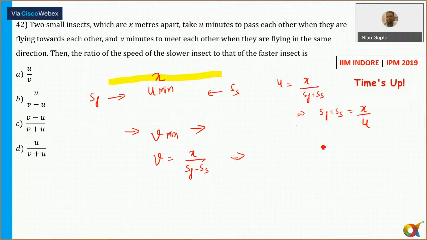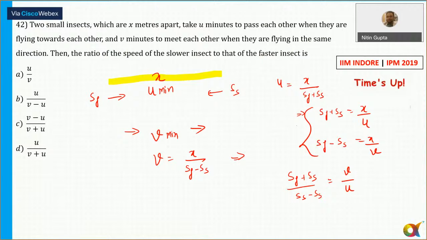From here, speed of faster minus slower is equal to x upon v. Now divide these two equations. I'll get speed of faster plus speed of slower upon speed of faster minus speed of slower, that is equal to x upon u upon x upon v, which comes out to be v upon u.